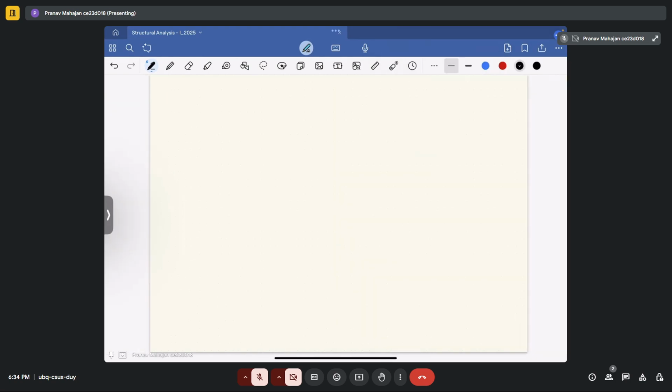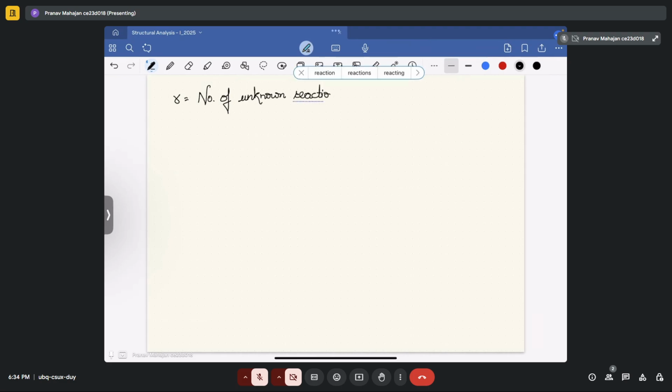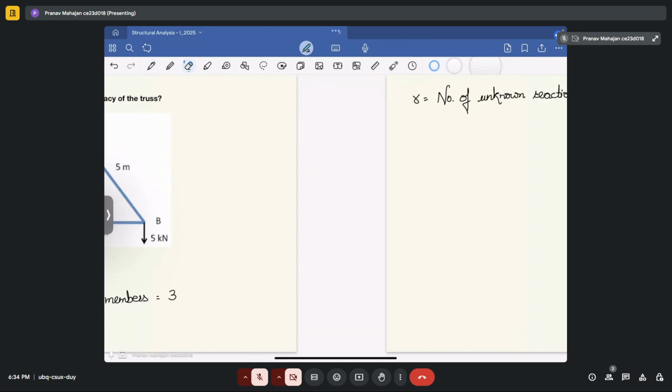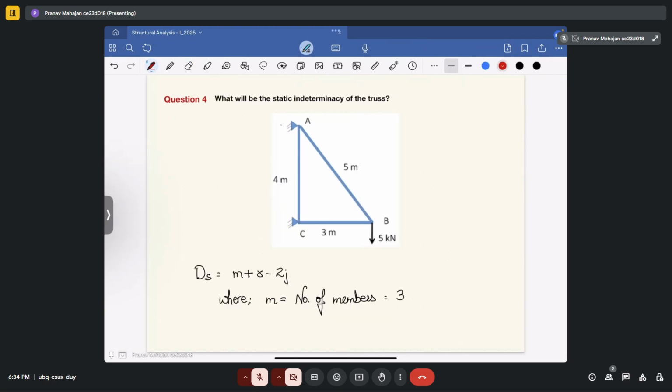Now if I talk about r, which is number of unknown reactions, so your number of unknown reactions in this case will become, you will be having here two hinge forces. I will show you here. So you will be having two hinge forces. This will be having 2. This will be having 2. How it is 2? One is vertical.